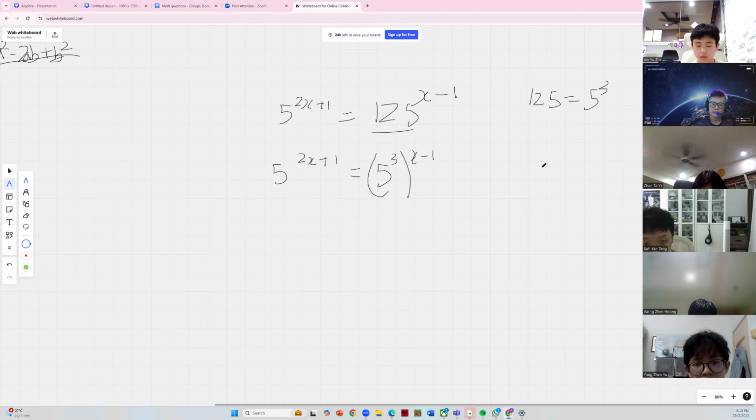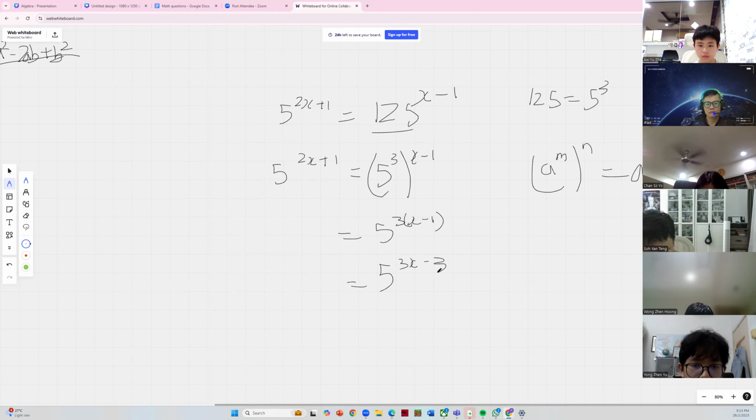So according to the index law, a to the m to the power of n will become a to the power of m times n. So this one will become 5 to the power of 3x minus 1. So it becomes 5 to the power of 3x minus 3.